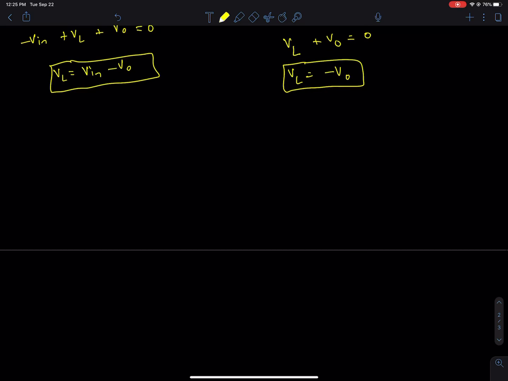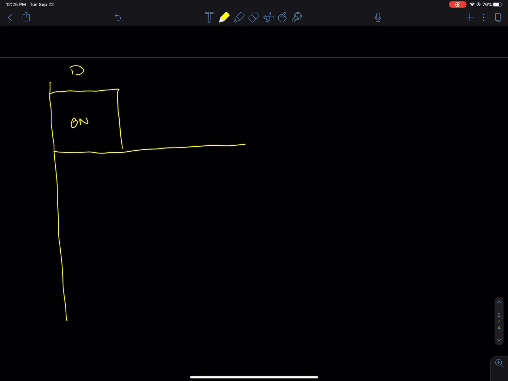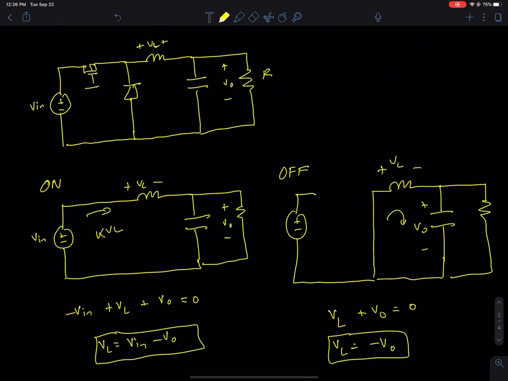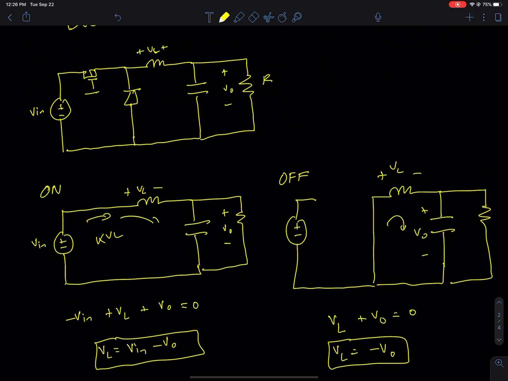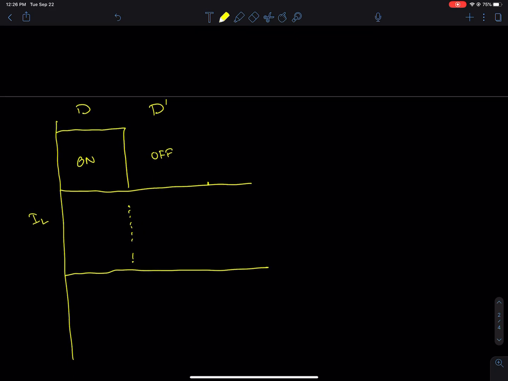So if we set up our waveforms, we have the on time, which is denoted by D. Then we have the off time, which is denoted by D prime. If we look at the current across the inductor, we know that when it's on, the current is going through the inductor and it's charging up.